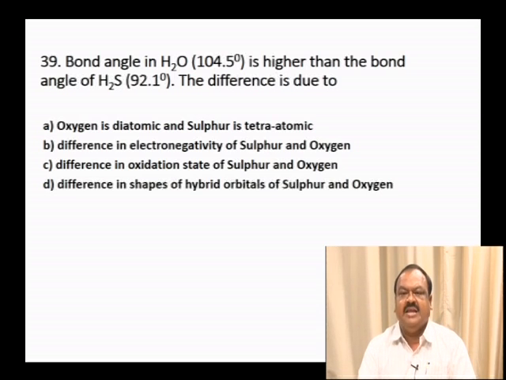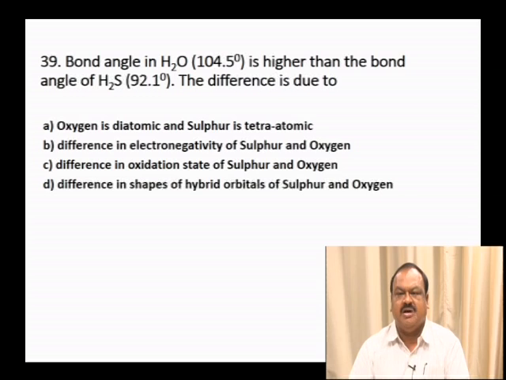It is less electronegative. So the difference is due to, when we observe the options: oxygen is diatomic, correct, and sulphur is tetraatomic, correct. Difference in electronegativity of sulphur and oxygen. Difference in oxidation state of sulphur and oxygen.